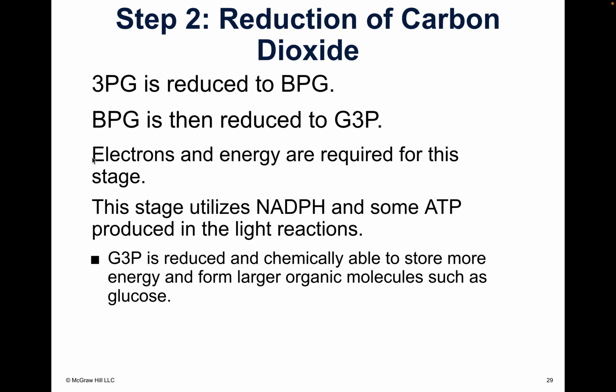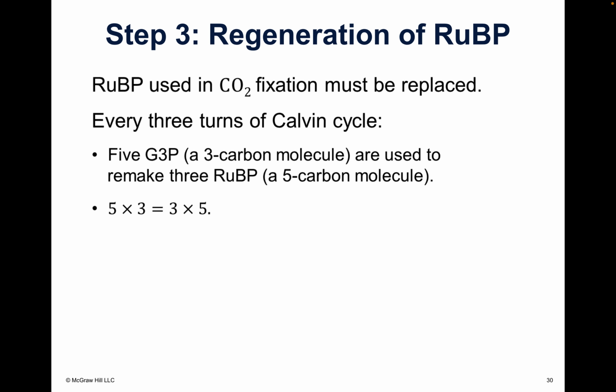Electrons and energy are required for this part. This is the stage that utilizes NADPH and some ATP produced in the light reaction. So this is where our Calvin cycle is interacting with that light reaction, because it needs the NADPH and the ATP.